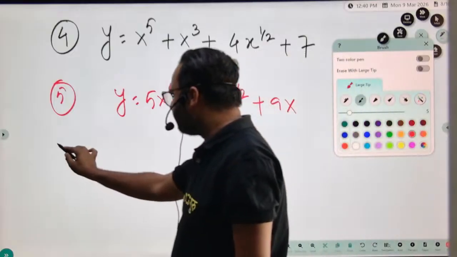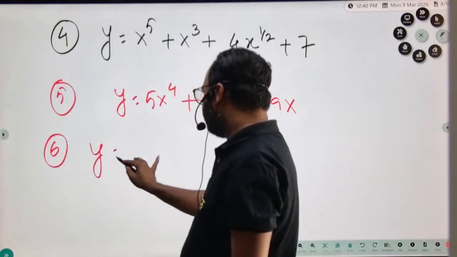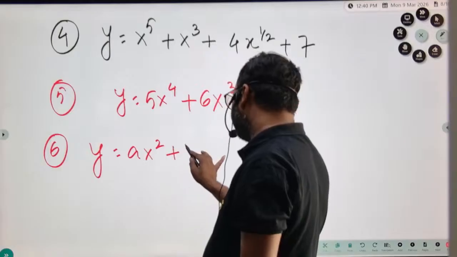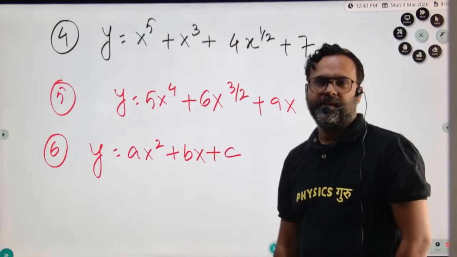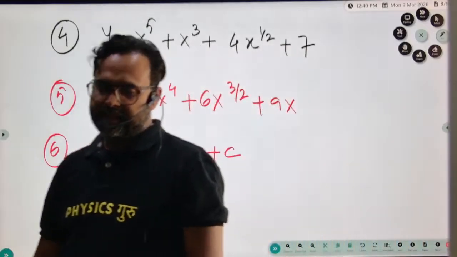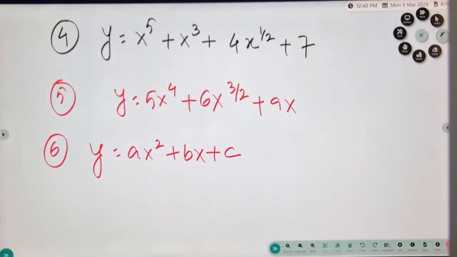Next one, sixth one. Y is equal to ax square plus bx plus c. Find the derivative of this one. Is any of the constant? In this particular question, c is constant.